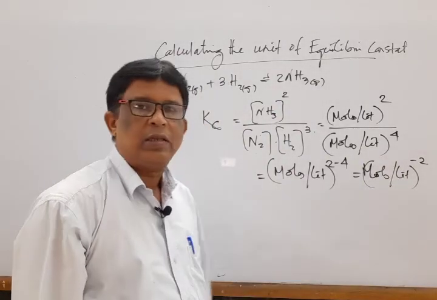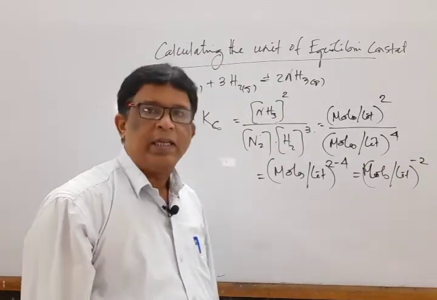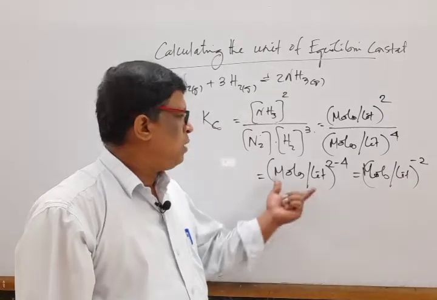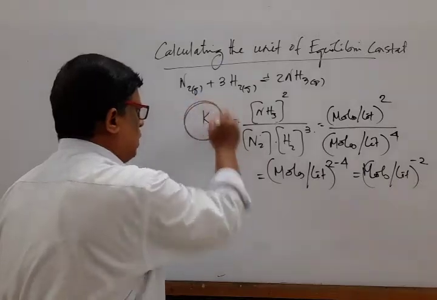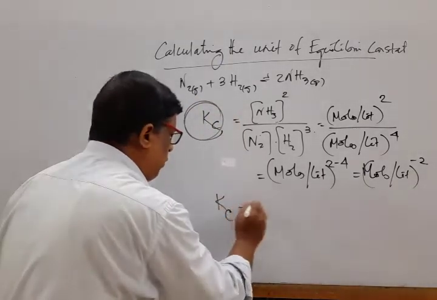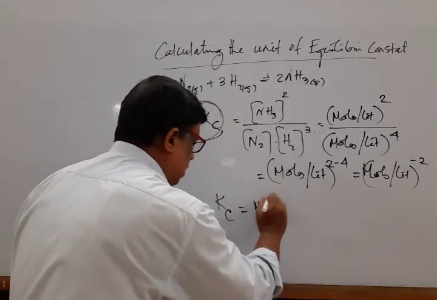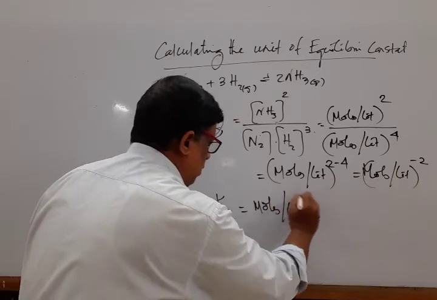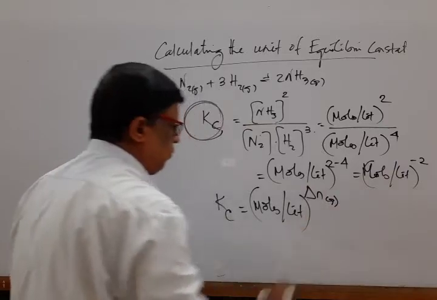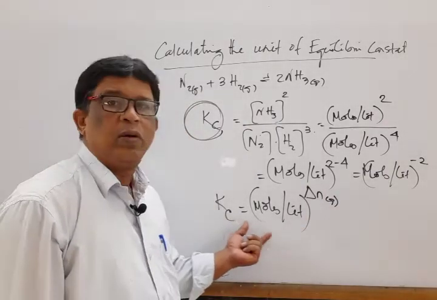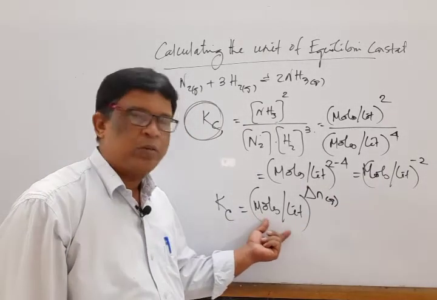So from this derivation it is clear that the unit of equilibrium constant is moles per liter to the power del Ng, if the concentration is expressed in moles per liter.